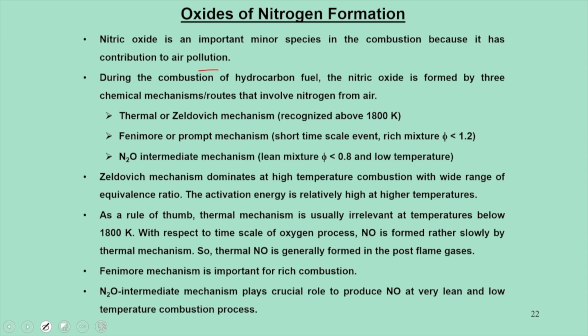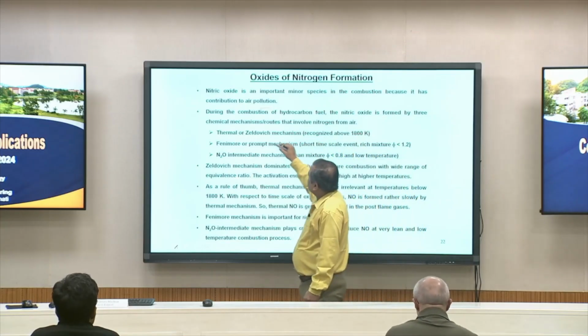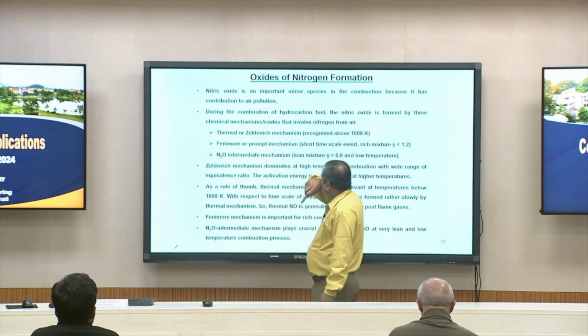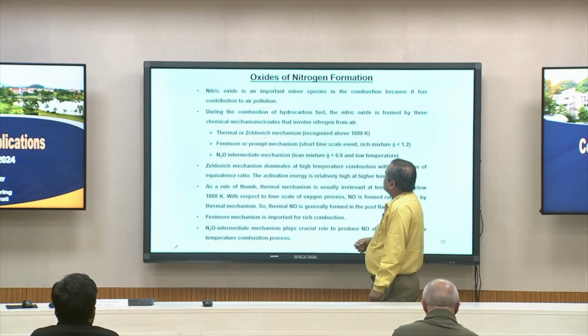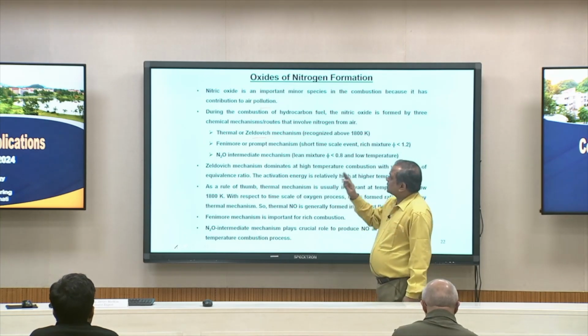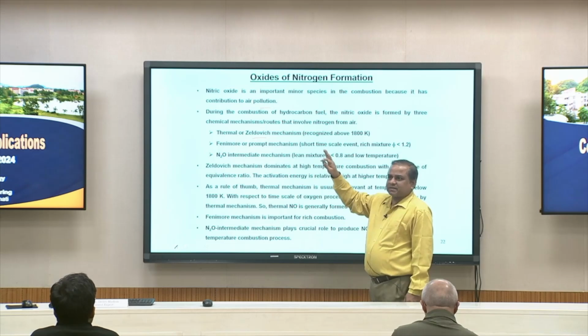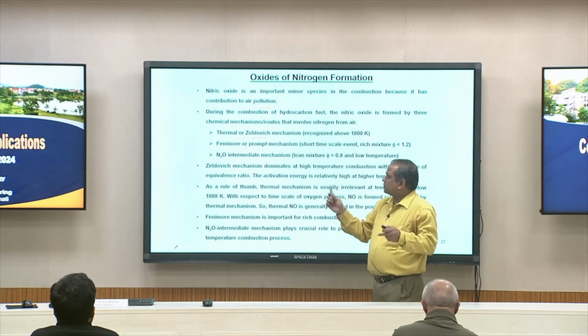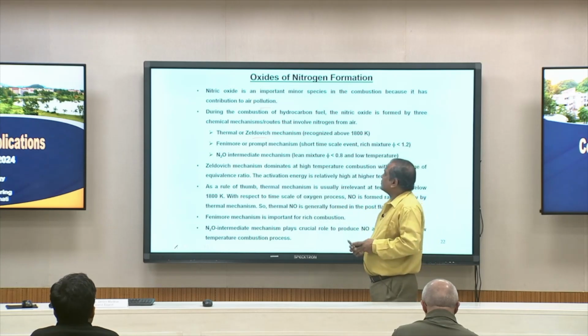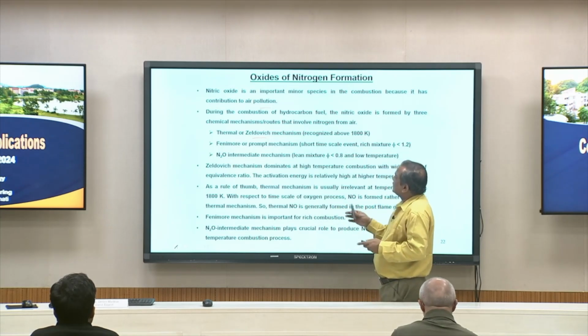There are three mechanisms. One is a very standard mechanism, called the thermal mechanism or Zeldovich mechanism, which mainly takes Arrhenius equations, and he framed it through binary multi-component diffusion equations.